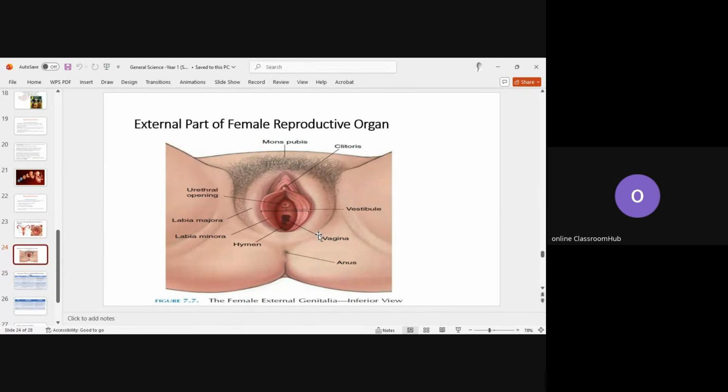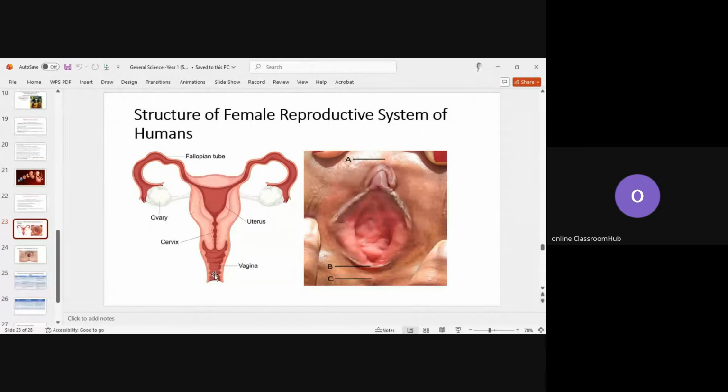Please, I wanted to ask, when the female has sex, how does the external part of the organ function? The function of it is to accommodate the penis during sexual intercourse. The vagina is a tunnel.